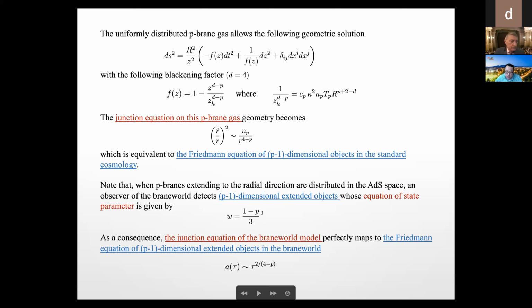This is perfectly matched with the junction equation. So when you consider a p-brane gas, the junction equation is exactly the same as the Friedmann equation of the standard cosmology. So the p-brane gas describes the standard cosmology.